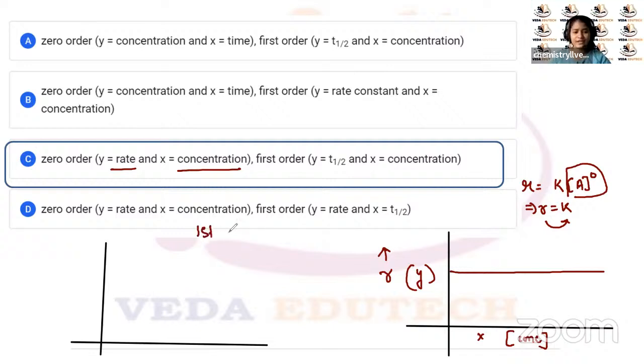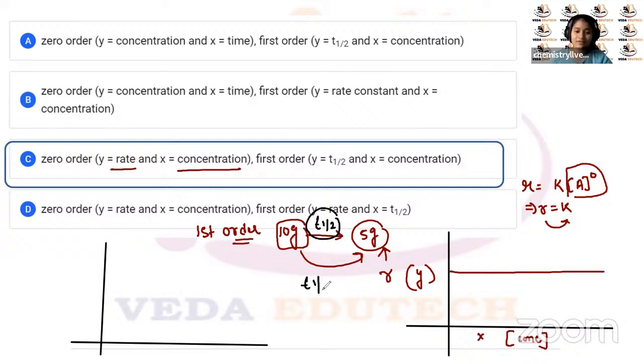Similarly, for first order reaction, suppose you are having 10 grams of reactant. In some time, it converted into 5 gram. Means it became half. Initially it was 10, now it became half. So the time it requires to be half is known as T half.